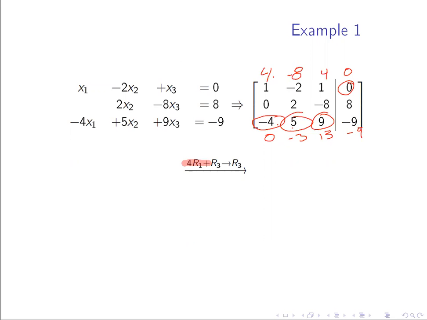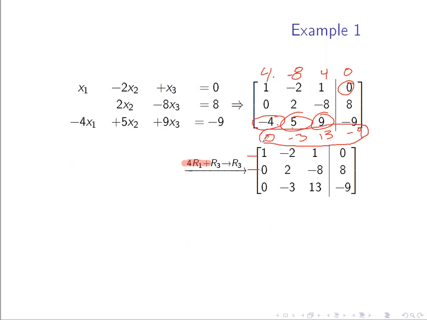So in our new matrix, notice the first two rows are exactly what they were before. And this new row that I just defined by taking row 3 and adding a multiple of row 1 to it got this. Why did I do all of that addition and multiplication?